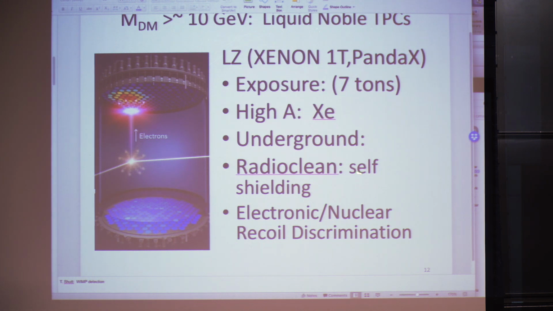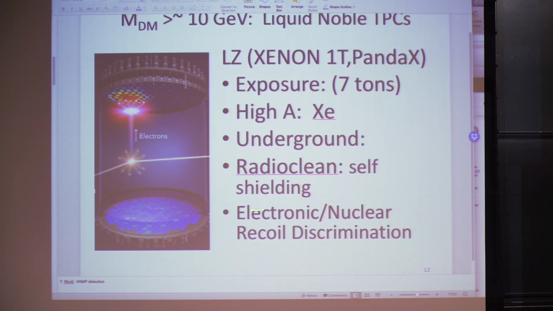So they themselves are ultra pure, so that means I can use them as a shield from outside photons. So let's say I have concrete outside of my experiment, and it has some uranium in it, it shoots off a photon, that photon gets in. We can have it interact first with this outer layer of xenon, so we'll never get to this inner fiducial volume where we're going to look for our signal.